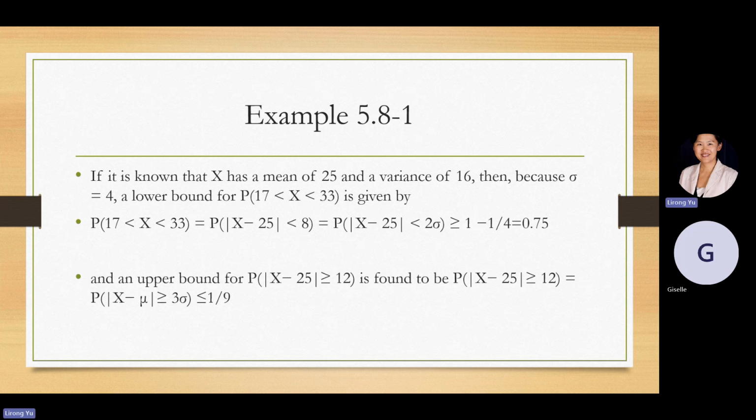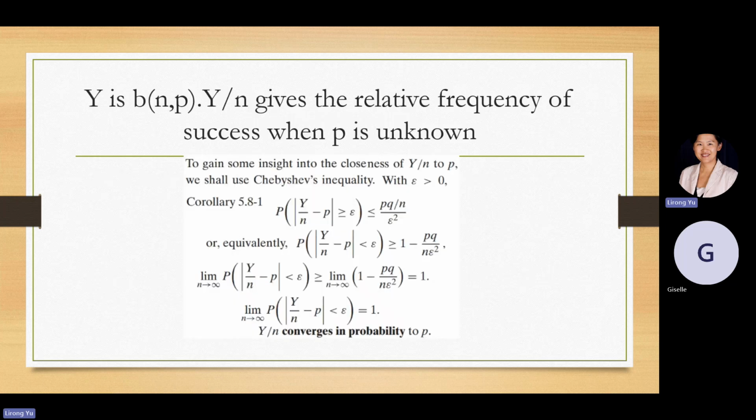So the first example is when k equals 2, where we are looking for the middle probability. The second one, the bottom line, is when k equals 3, where we apply the Chebyshev theorem to the tail: the probability that x minus mu is bigger than 3 times the standard deviation.